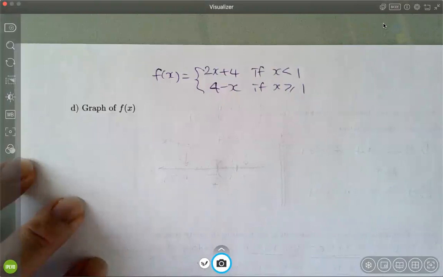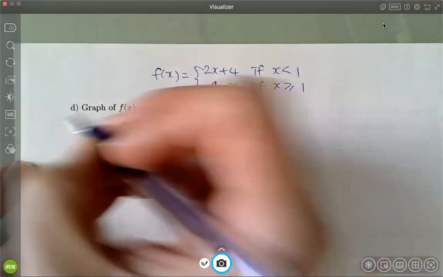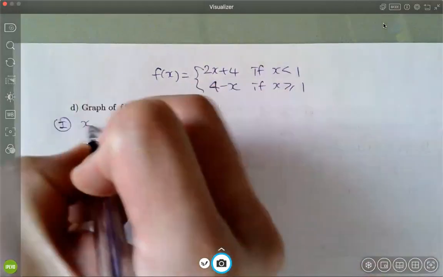For each piece of x, we have to choose about 3 x values, and then plug them into the corresponding formula to get the corresponding output, and then make sure what kind of dots we put at the boundary points. Now, let's start with the first piece. Okay, so x is less than 1.